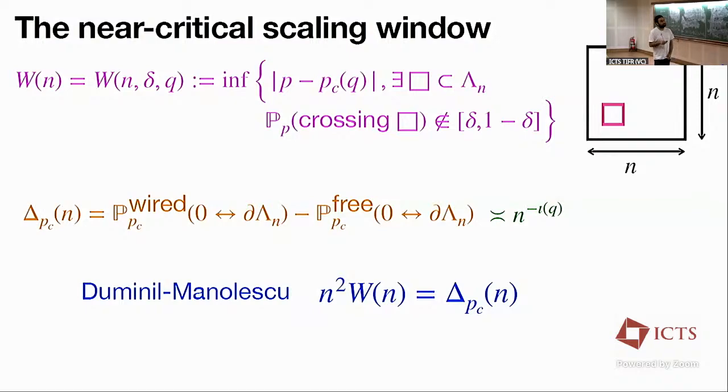At criticality, I know that all my crossings in sub-boxes were bounded away from 0 and 1. And the critical window is how much I can deviate on the box of size n, such that one of the squares really starts to become off critical.